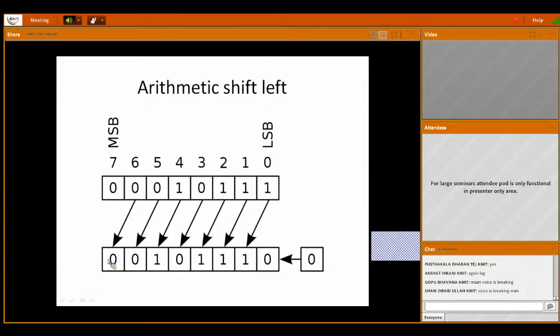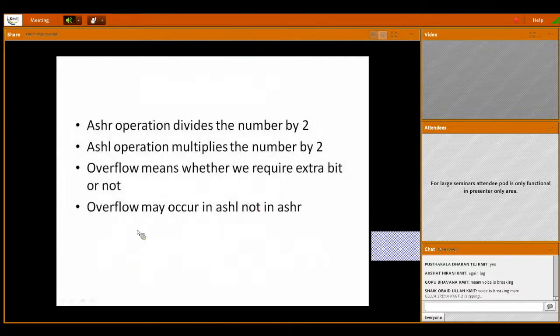But if you have a 0 followed by a 1 here, then you may get a sign difference. This indicates positive. If you get a 1 here, it indicates a negative. And that sign change in arithmetic shift indicates that an overflow has occurred. This is about the arithmetic shift operation.